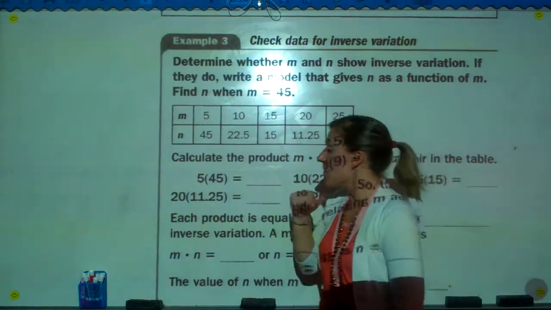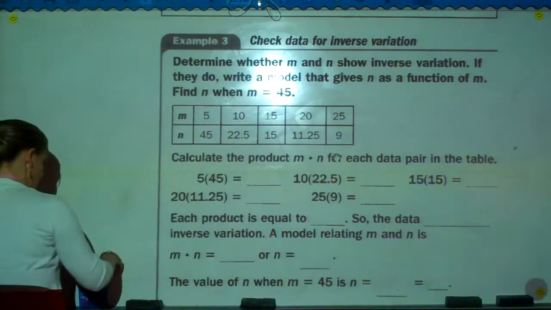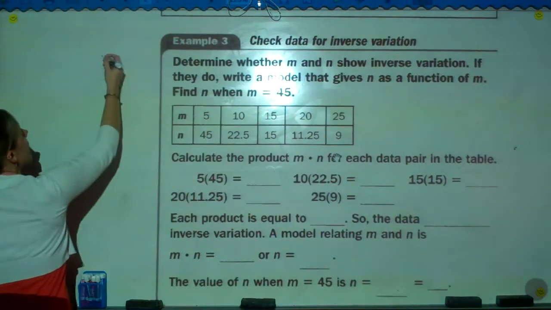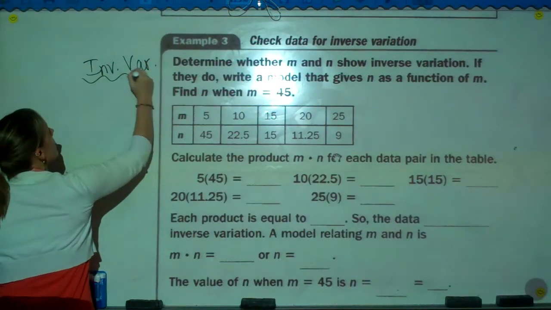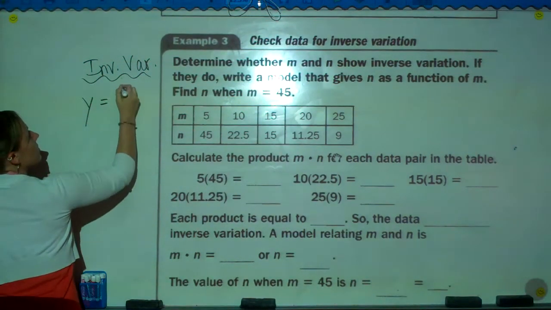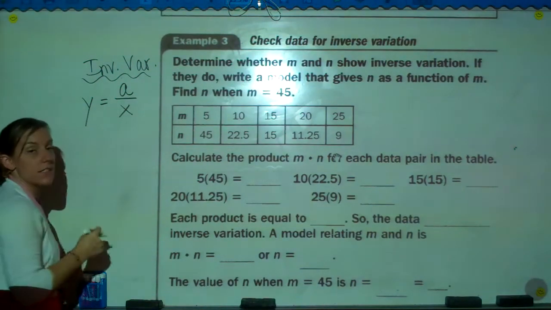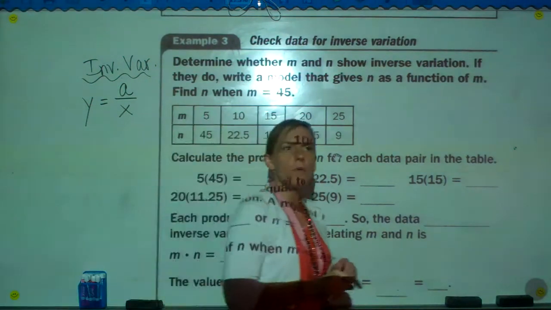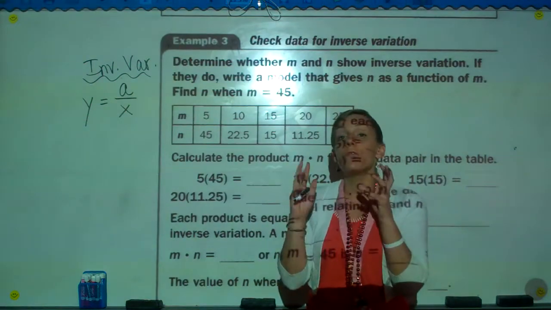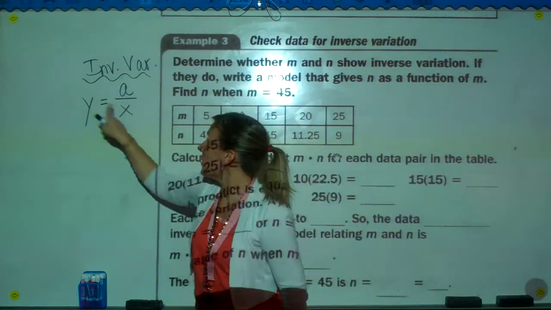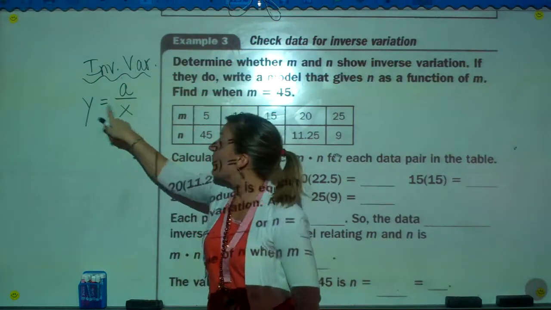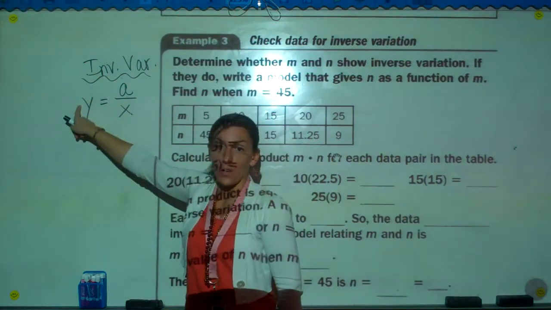Okay? But what I will tell you is you might want to realize that an inverse variation equation is y equals a divided by x. That's what we've been using a lot. But if you noticed on the other 2 examples, to find a, we just multiplied x over every single time. We put the numbers in and we multiplied it over there.